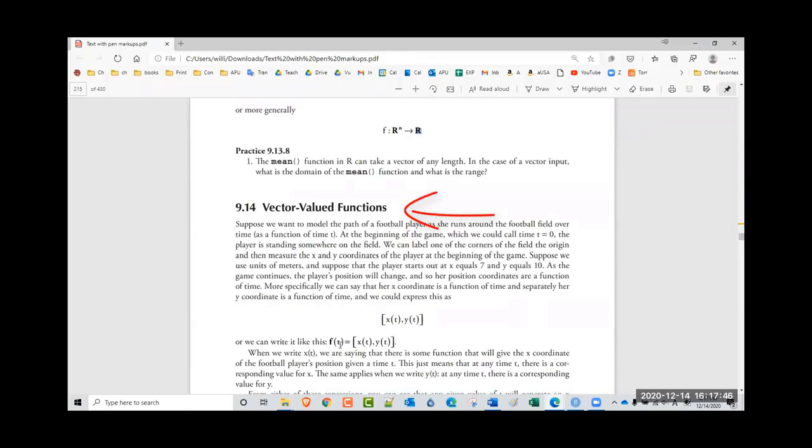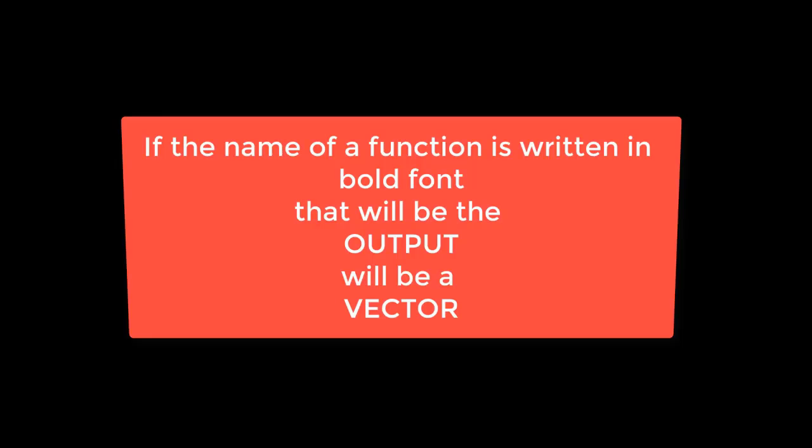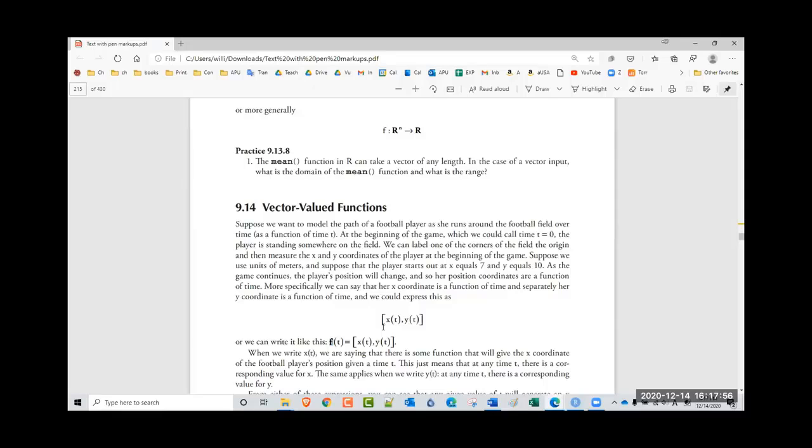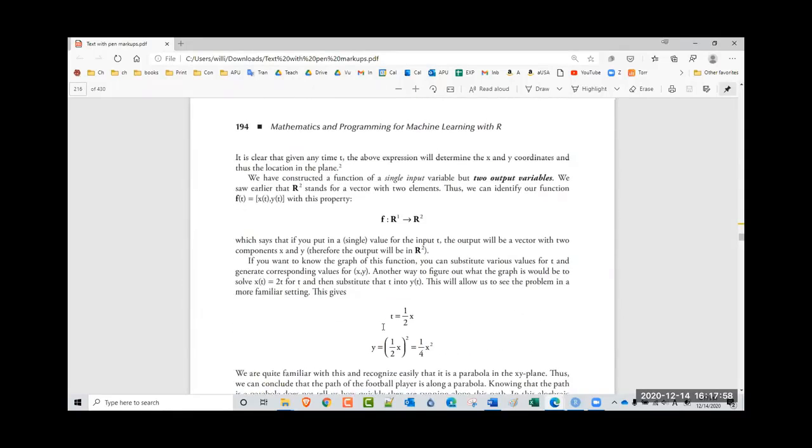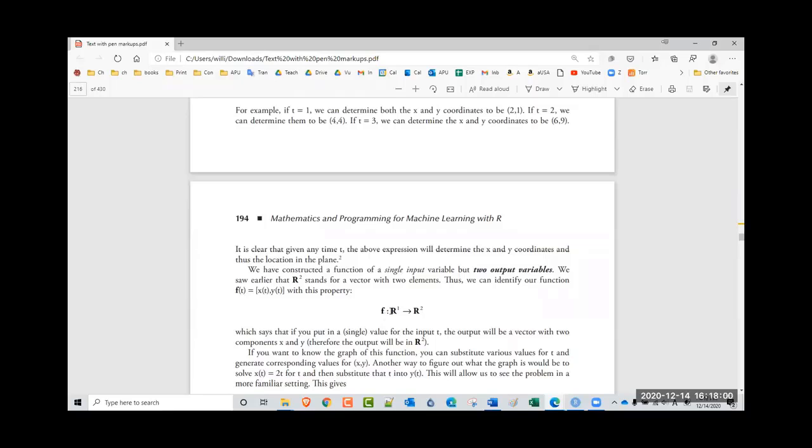And then we can talk about this: whenever you see a bold function name, that means the output is a vector. So in other words, we're talking about something like this, where you have one input, but you get two outputs.